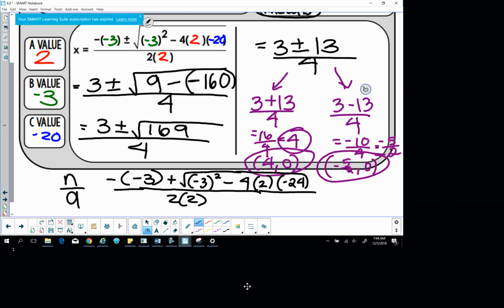I got 4. Did everyone get 4? No, the whole thing. Make sure you typed it in correctly.